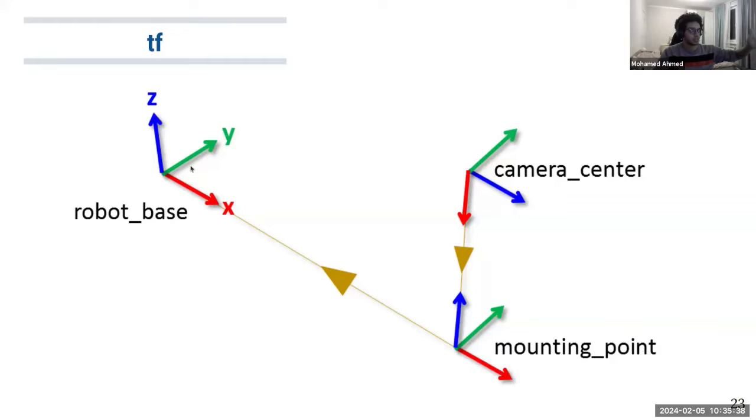For example, this is me, and X is forward for me. Usually X is forward, Y is on my left, and Z is up. And another enemy is coming towards me, so X will be forward for him. And these axes can be represented through matrices and a lot of transformations. So we call it the transform package.